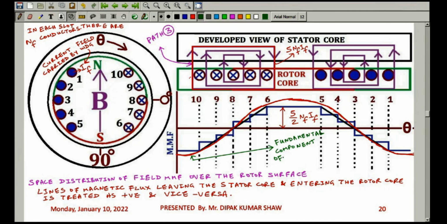Fundamental component of M.M.F. Of course, we are talking about field M.M.F. So this is the fundamental component, and of course there will be harmonic components as well.